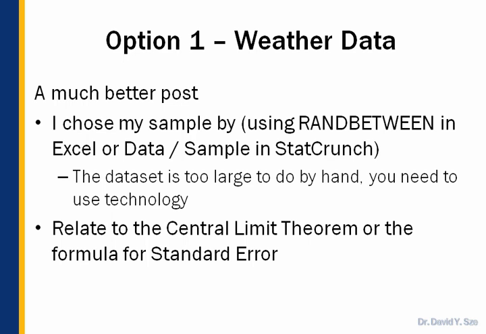You need to use technology. If you want to choose a random sample, you could use the randbetween function in Excel or the data sample option in StatCrunch. Those are two ways to choose a valid random sample out of a data set.